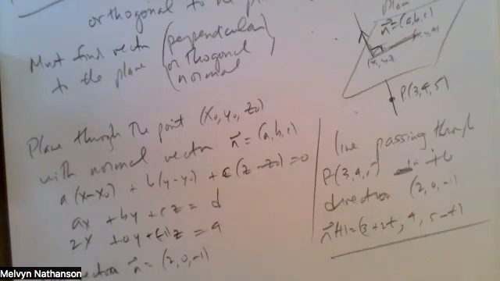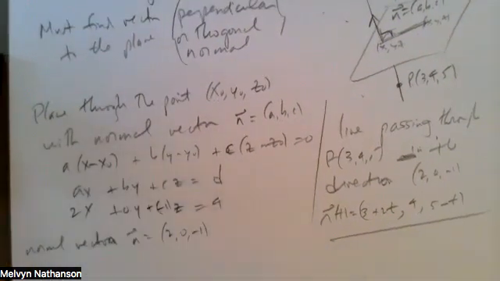So r of t is 3 plus 2t, 4, 5 minus t. Any questions about this?